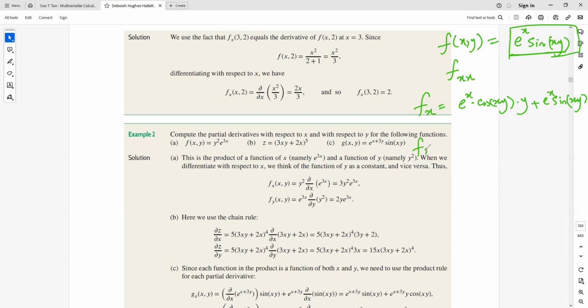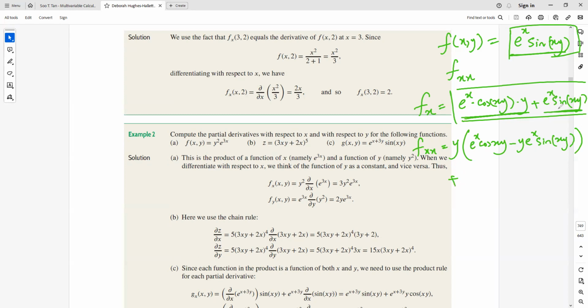Now I'm again going to differentiate the function. So I have to differentiate this whole function now. Y is constant, take it outside. We will be left with e power x cosine xy minus y e power x sine xy.